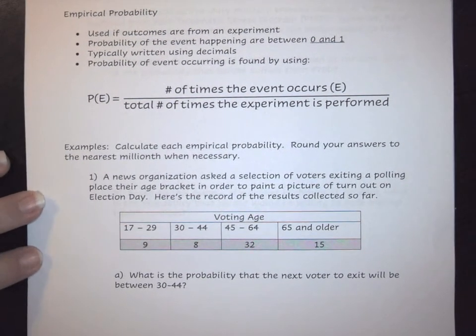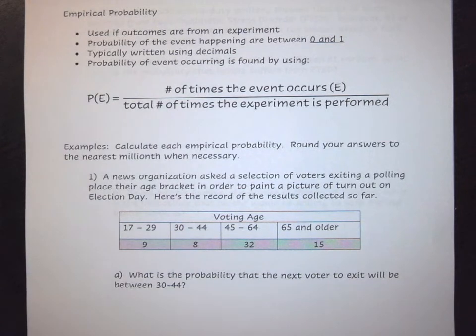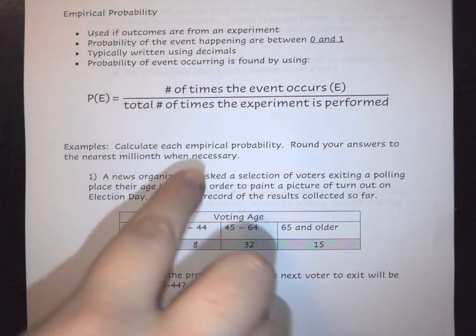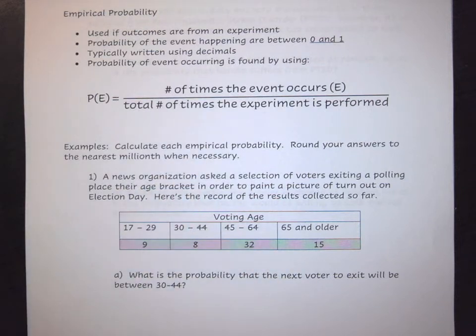Empirical probability is very similar to classical probability in that we are looking at the number of times an event occurs, but where it differs is we are now looking at the total number of times an experiment is performed. You could think that that idea and this equation is very similar to the makeup of classical probability, and it is.